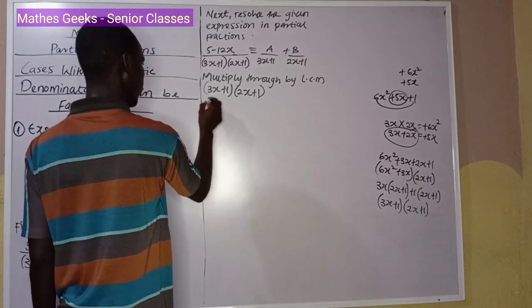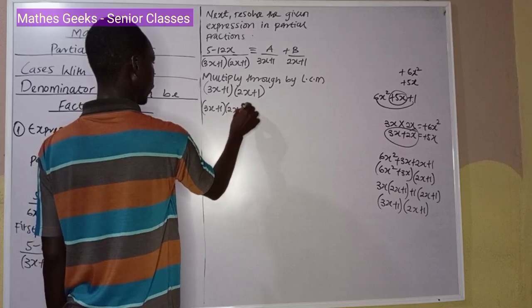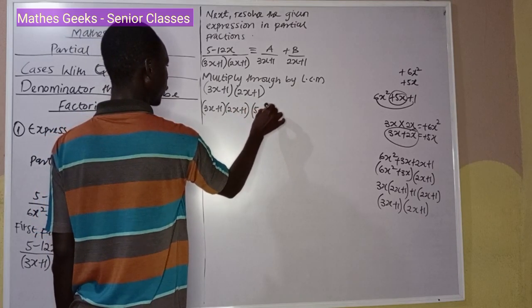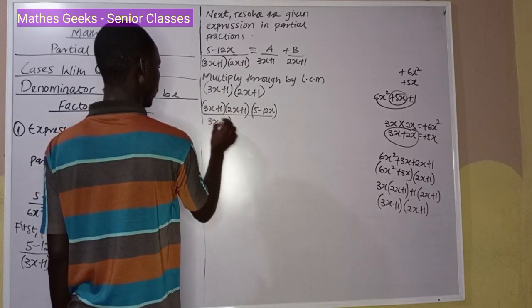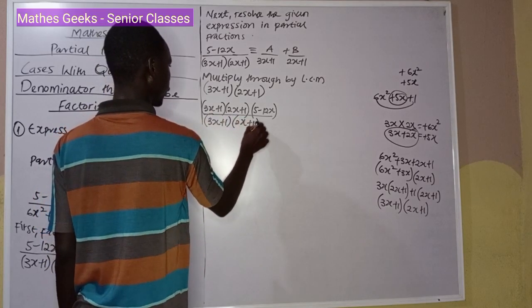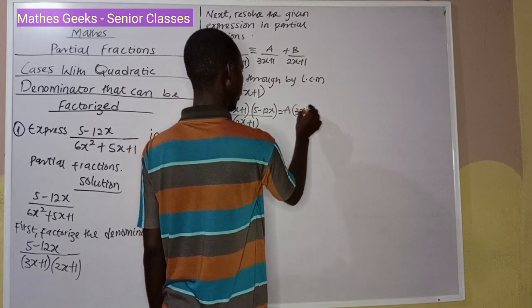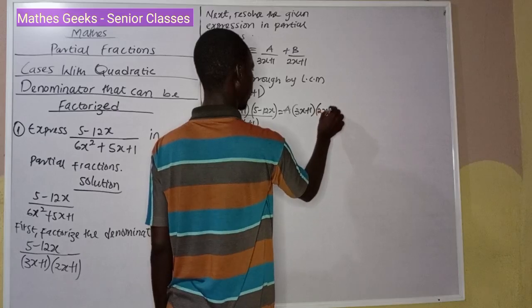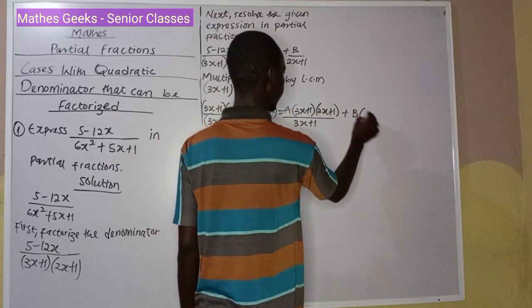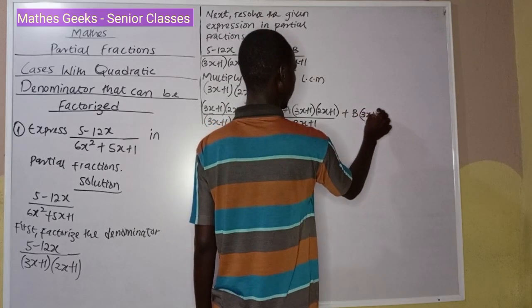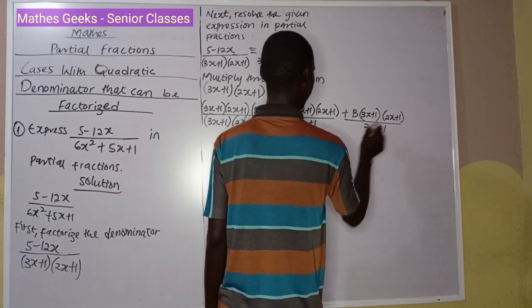So this is 3x plus 1, 2x plus 1, times 5 minus 12x over 3x plus 1, 2x plus 1, equals 3x plus 1, 2x plus 1 times A over 3x plus 1, plus B times 3x plus 1, 2x plus 1 over 2x plus 1.